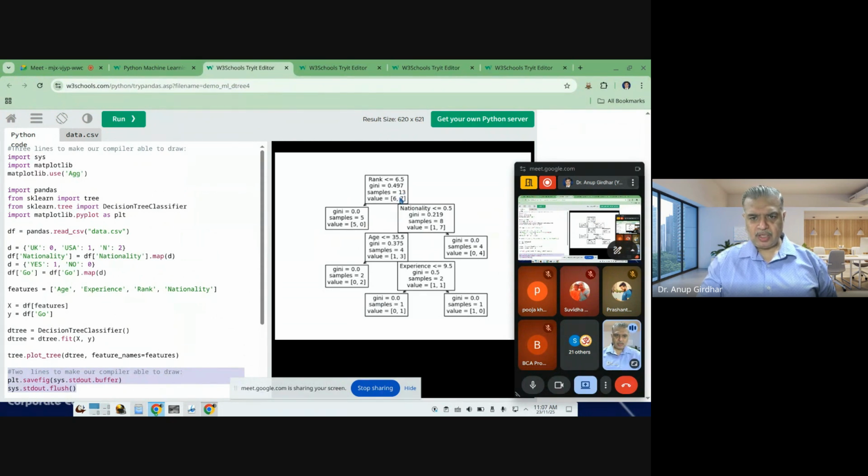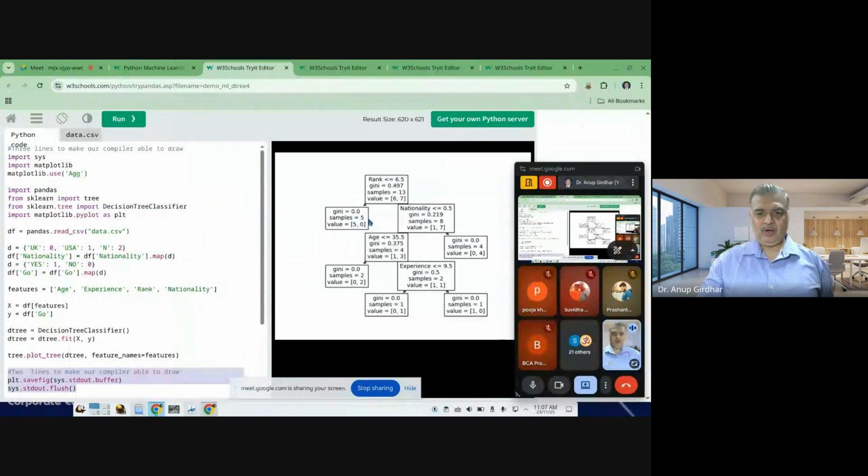So you got a total value of which are true and which are false. Now, if it is true, let's go to this particular part. If it is true, yes, total samples are 5. That is what I was looking for, where the Gini value is 0.